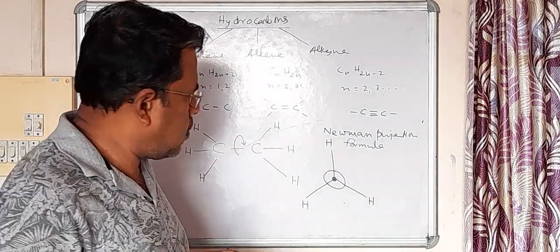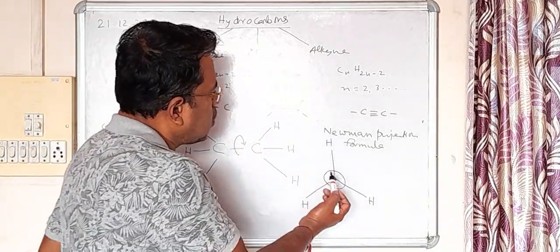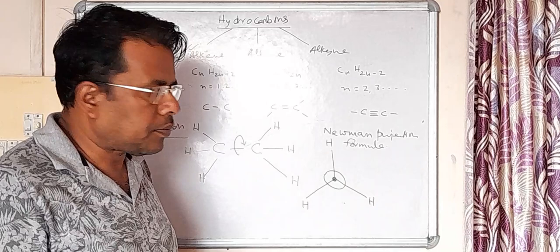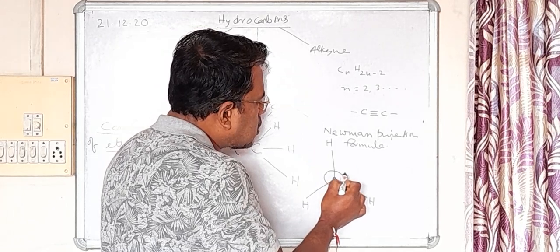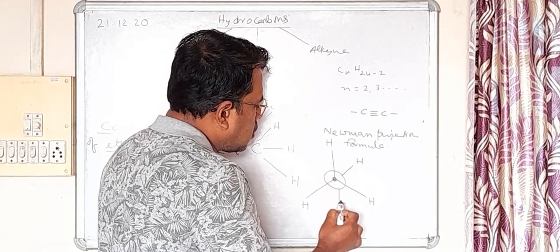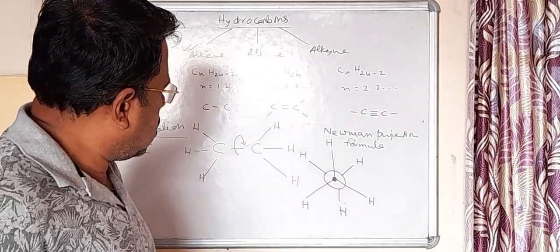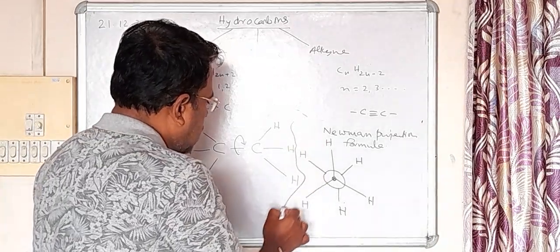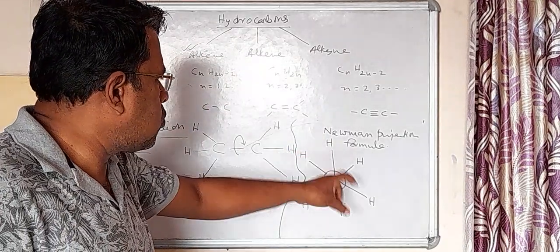This molecule is three-dimensional. So this is the significance: this dot, which is a carbon atom, is nearer to us, and this carbon atom is away from us. Nevertheless each carbon atom has 3 hydrogens. So 3 hydrogens of the front carbon atom have been shown, and 3 hydrogens of the back carbon atom are shown, suppose like this.